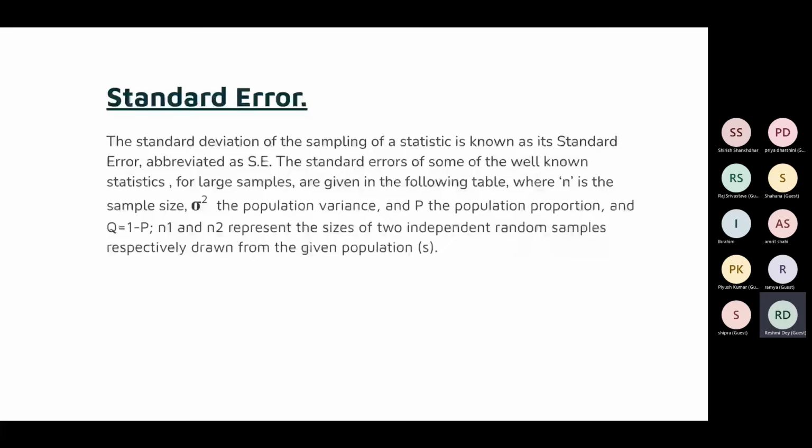The standard error is basically a statistical term that measures the accuracy with which a sample distribution represents a population by using standard deviation. A simple definition of standard error.